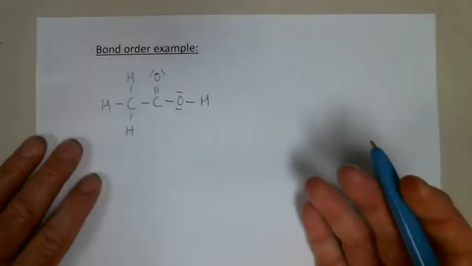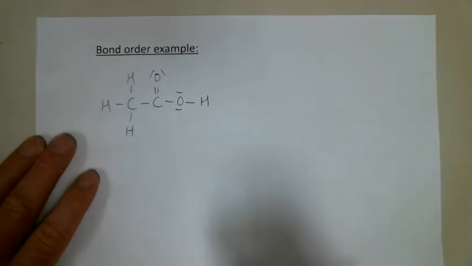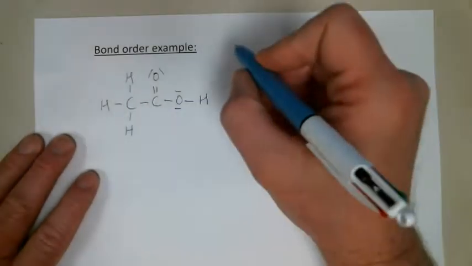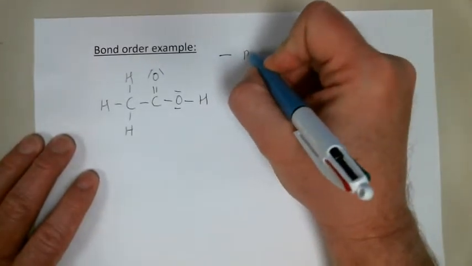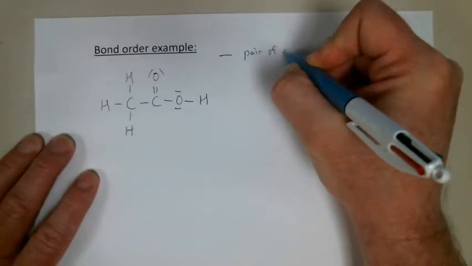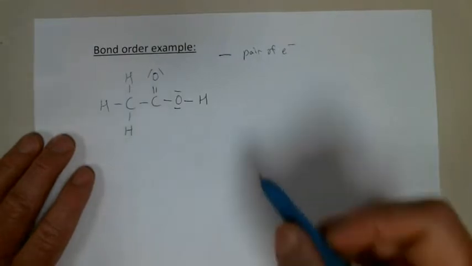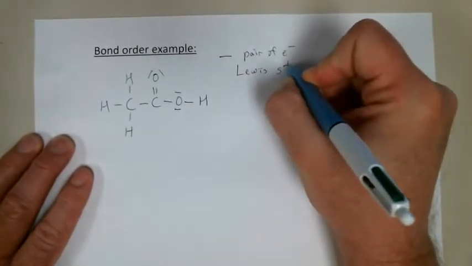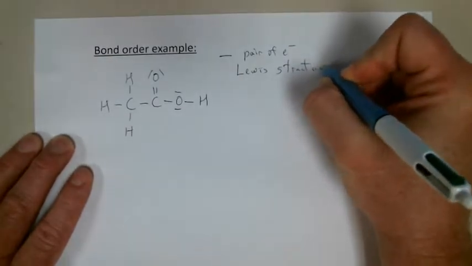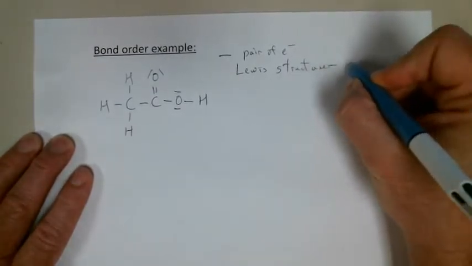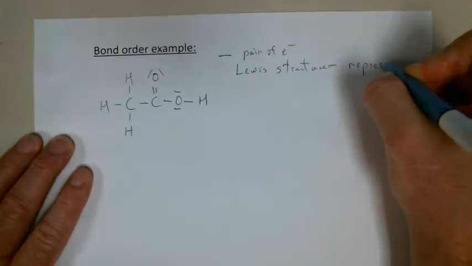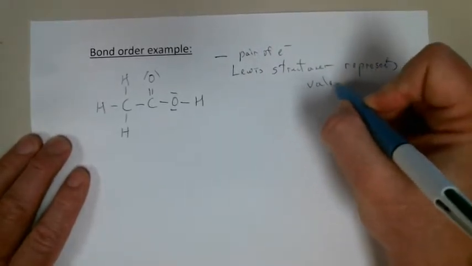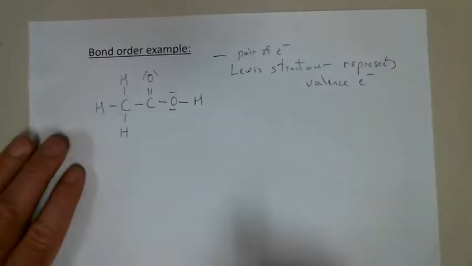This is a Lewis structure, and I'll explain those more in the Lewis structure video. But what it shows is each line, each dash is a pair of electrons. And so the Lewis structure represents all the valence electrons in the molecule.